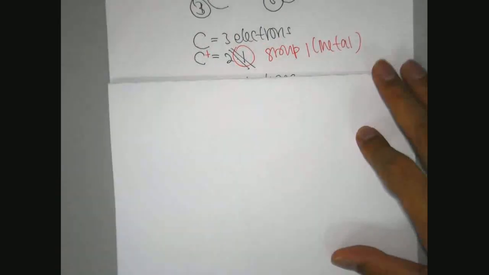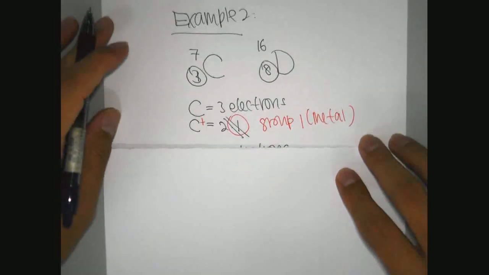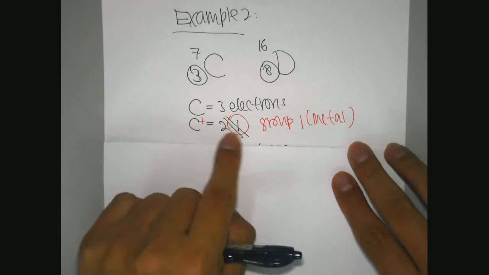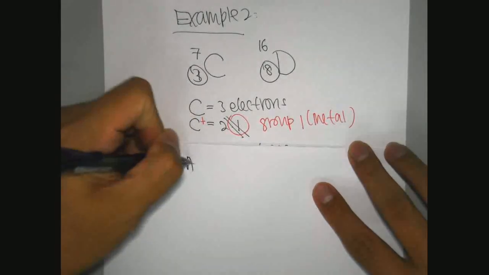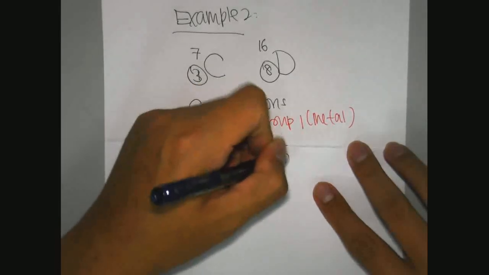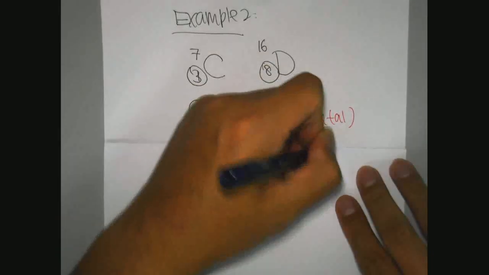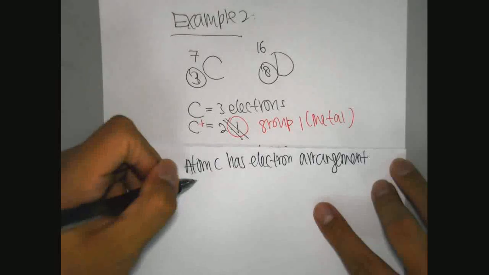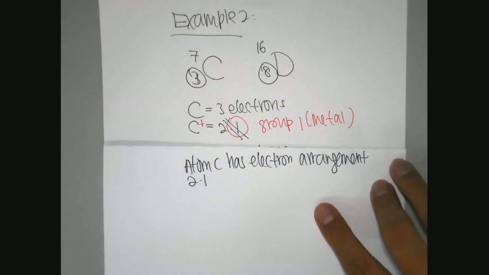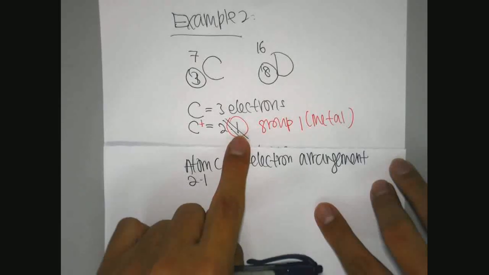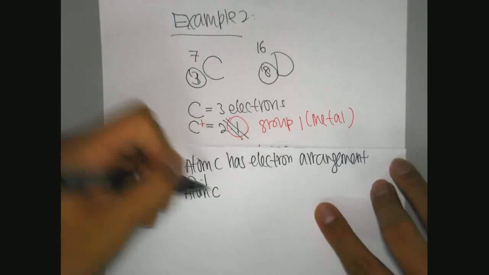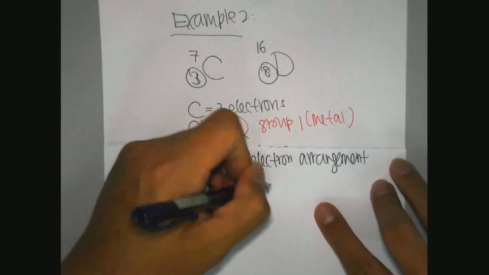So we can start with our C here. Our C initially has 2.1, so we just write this. Atom C has electron arrangement of 2.1. So when we have arrangement 2.1, what will C do? As we can see over here, C is going to donate electrons. So atom C will donate. How much?